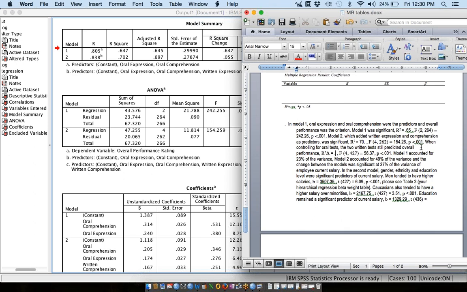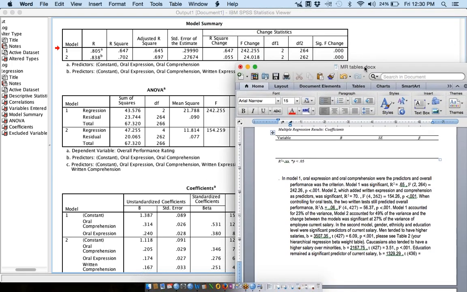R squared change, 0.06. Move this down a bit. 262. F value is 24.02.